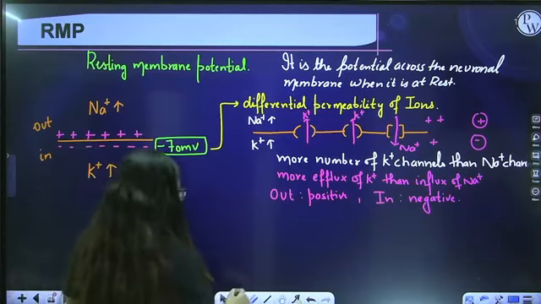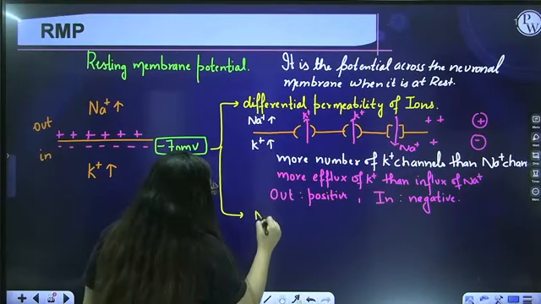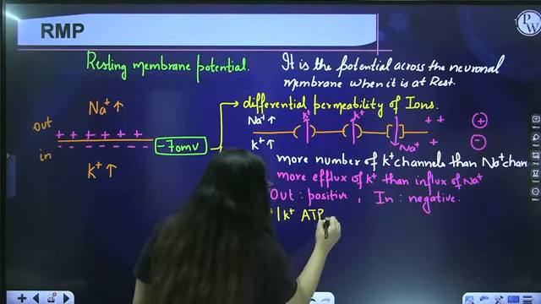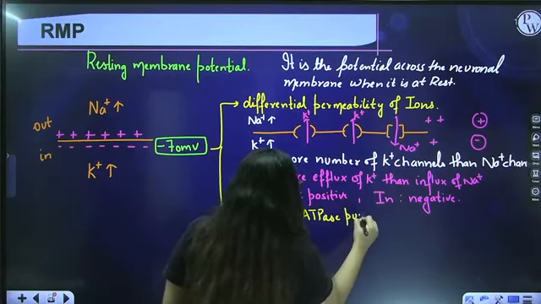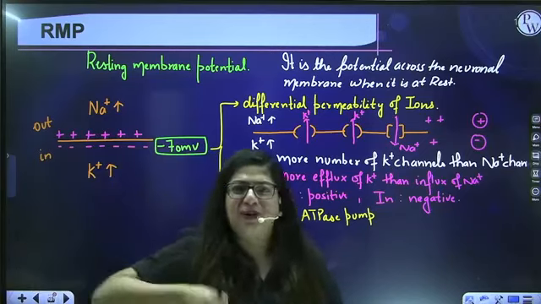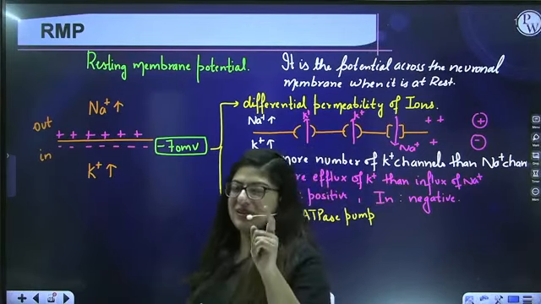Okay, now let's look at the second reason. The second reason is the sodium potassium ATPase pump. What are pumps? These are not the hand pumps that pump water from the groundwater and give it to you. No, it's not like that.